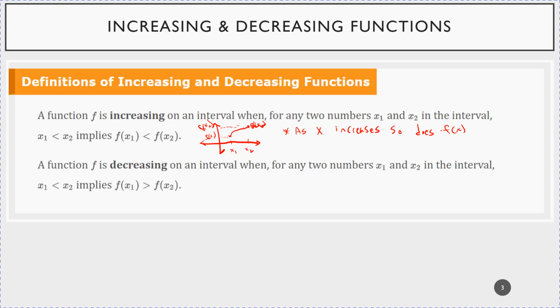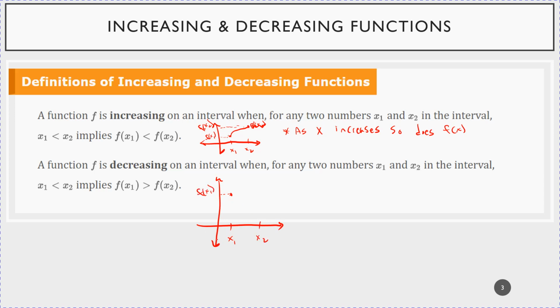So decreasing is just the flip of this. A function f is decreasing on an interval when, for any 2 numbers x1 and x2 in the interval, x1 being less than x2 implies that f of x1 is greater than f of x2. I'll do a very similar graph here. Here's x1, up here is f of x1.